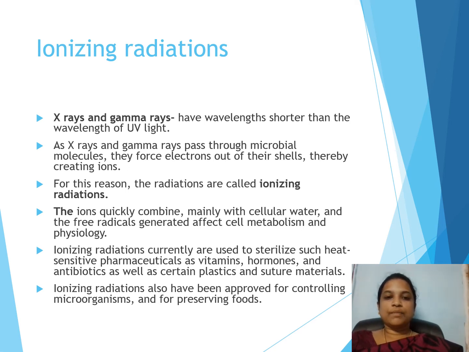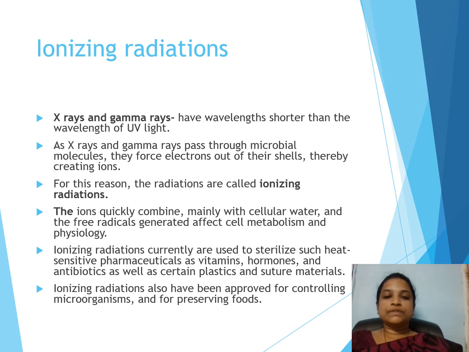As X-rays and gamma rays pass through microbial molecules, they force electrons out of their shells, thereby creating ions. This is the reason why they are called ionizing radiations. The ions quickly combine mainly with cellular water, and the free radicals generated affect cell metabolism and physiology.